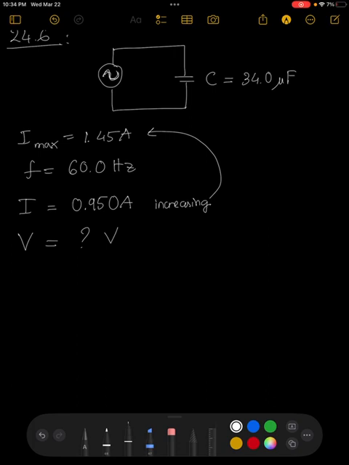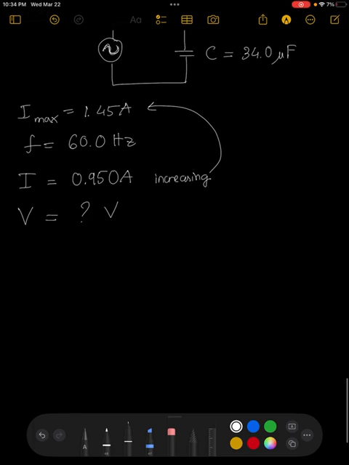And we have the diagram, the graph was given. So this is the given phasor. Now Imax is going in that direction, right?